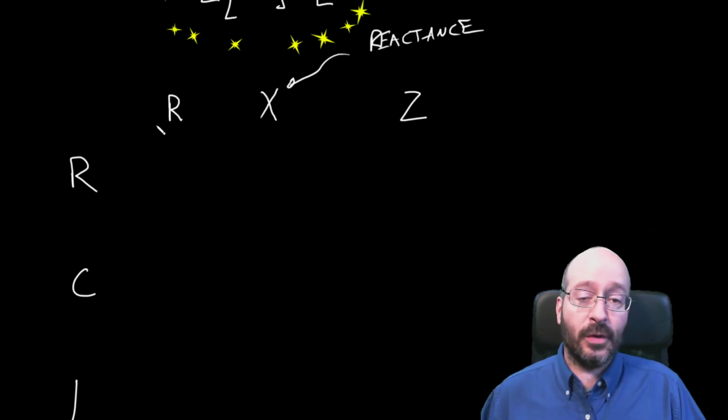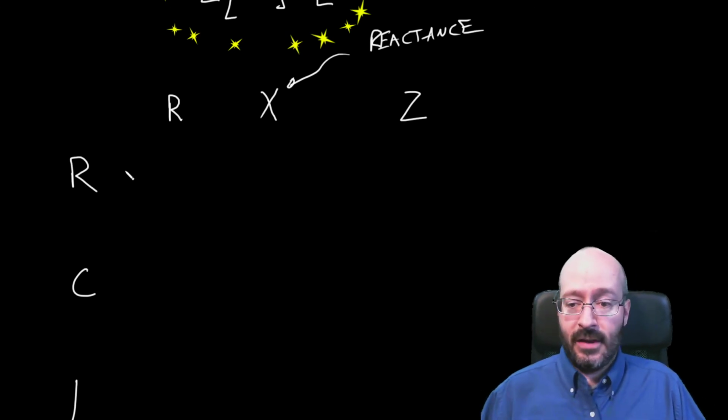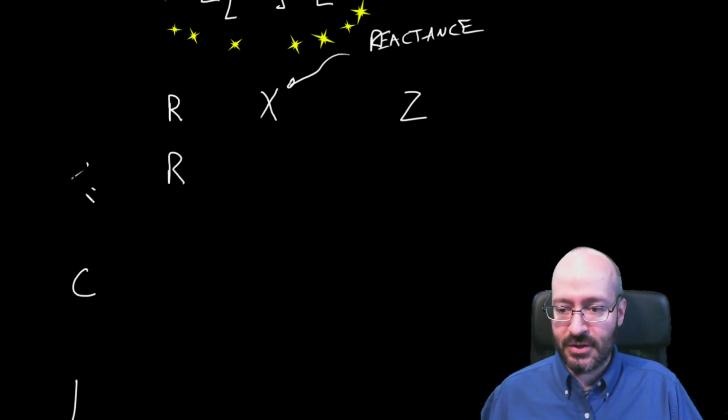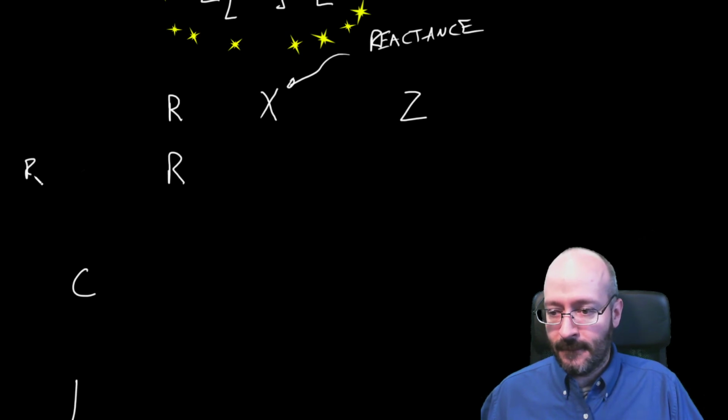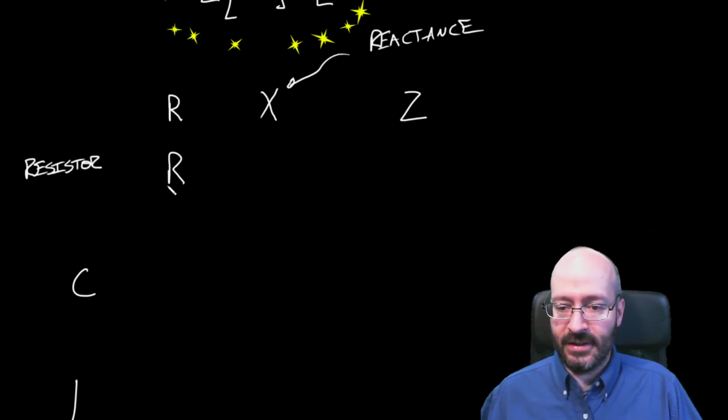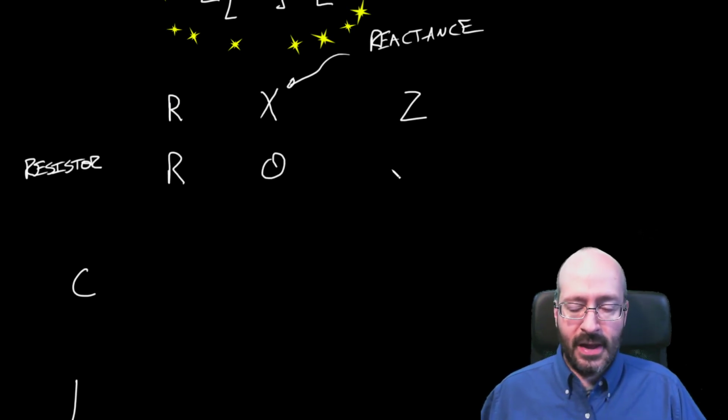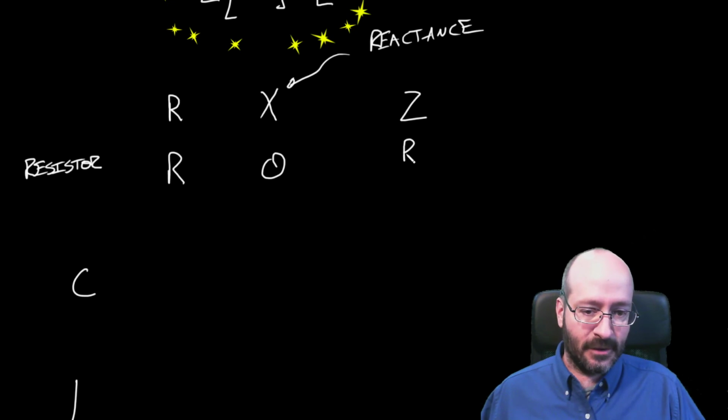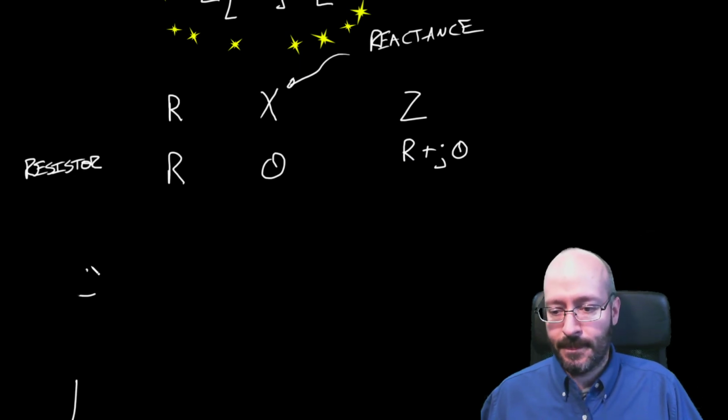The resistor was purely real, and the resistance was R. For the resistor, the resistance was R, and the reactance was 0, and we can put that together into the impedance, R plus J0. This feels kind of silly, but it works.